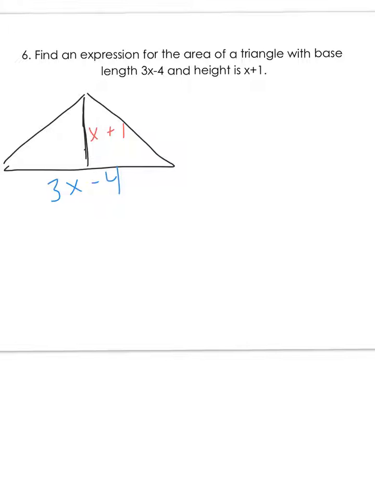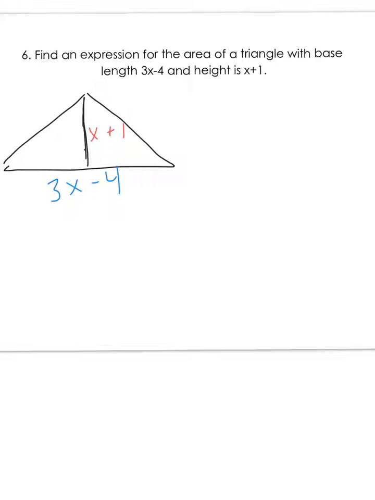Number 6, find an expression for the area of a triangle with base length 3x minus 4 and the height is x plus 1. So I'm going to draw my triangle here. Triangle. I know my height here, if I draw in the height, is x plus 1. And I know my base is 3x minus 4.